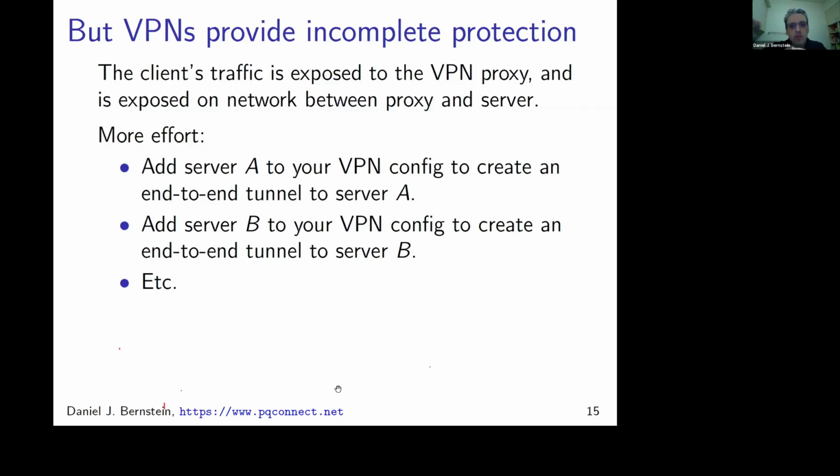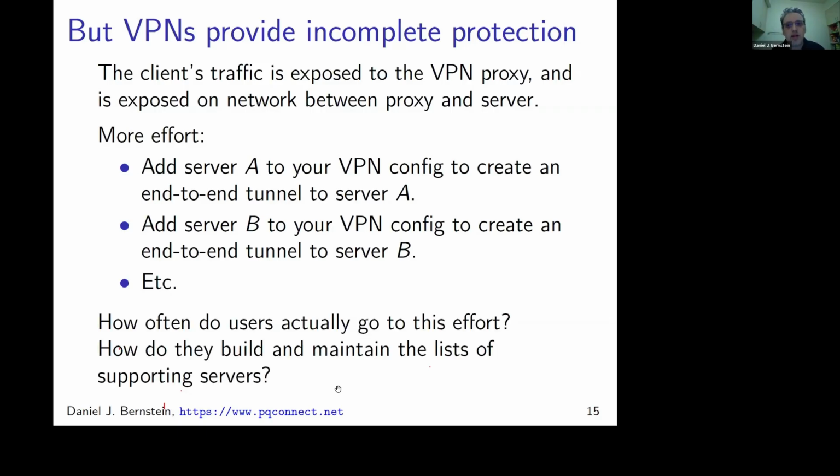And then if I'm talking to another server which supports this VPN, you configure your VPN software to make another tunnel to that server. And great, this is protecting data to each of those servers at the expense of doing a lot of configuration work, which very few people do. I've occasionally done this sort of thing, and it's a hassle to manage the VPN configuration on both sides.